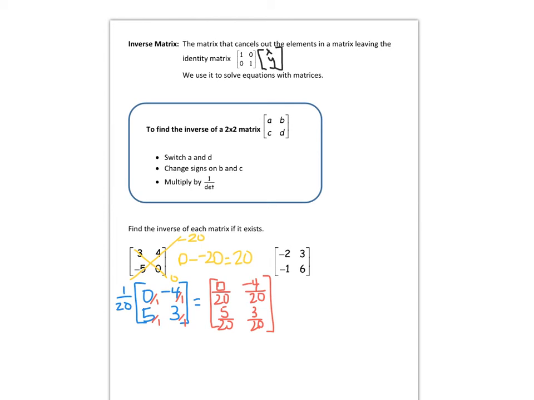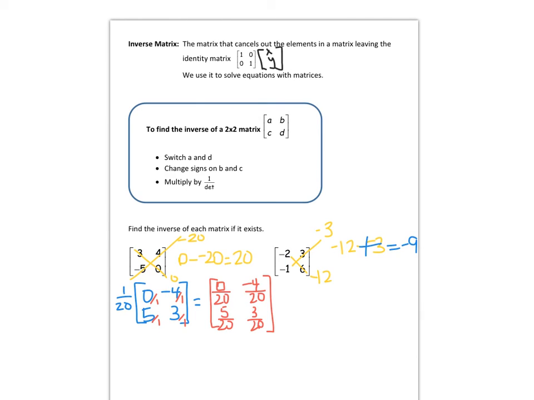Okay, here's one more. The downward diagonal gives me negative 12. The upward diagonal gives me negative 3. So negative 12 minus negative 3 changes to add, so that's negative 9.